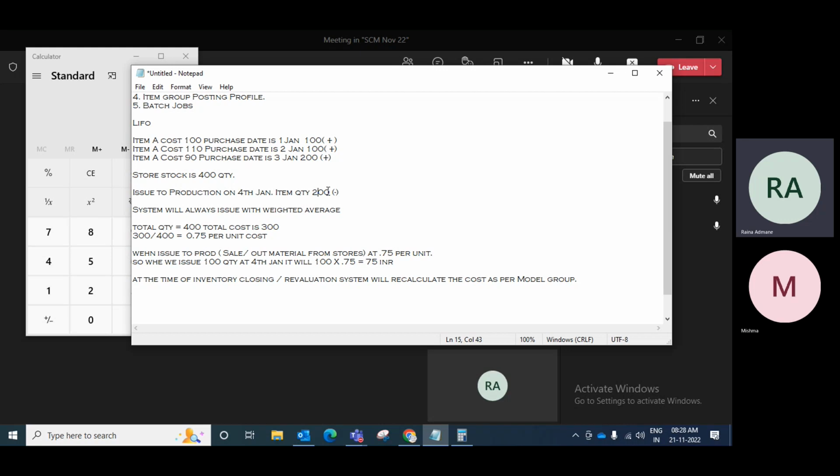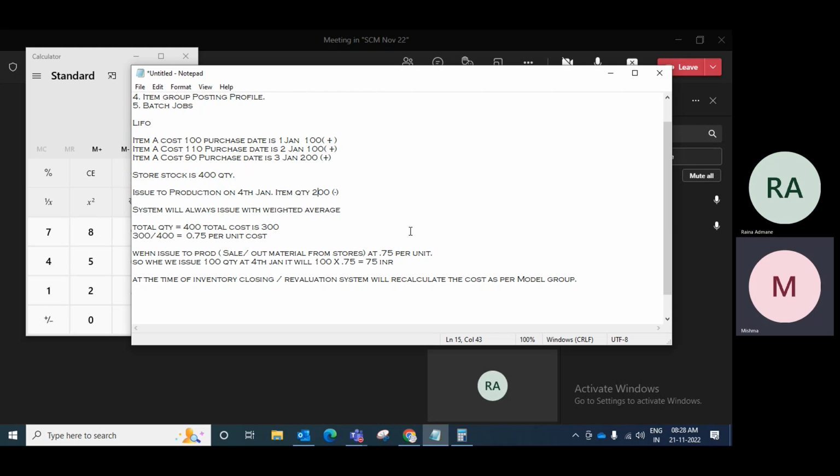If I am issuing 200, what will the rate be? Do you understand what the rate is for 200 quantity while issuing? For 200, that will be 300 by 200.